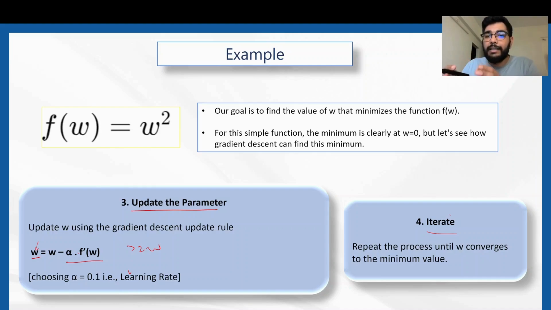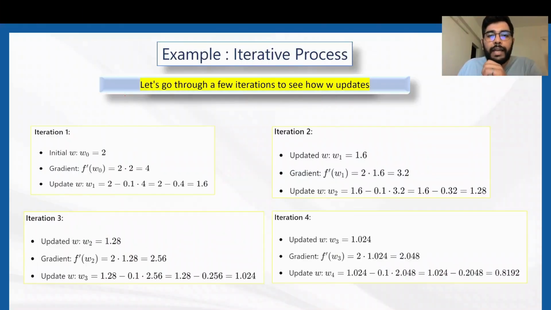Let's try to understand this mathematically now. Over here, we'll see a few mathematical iterations of the earlier process. In the first iteration, we initialize the weight to 2. Then we calculate the gradient. The gradient is essentially f dash of w, which is 2w. Hence, 2 into 2, that is 4, is our gradient. We update the weight, that is w equal to w minus alpha times f dash of w.